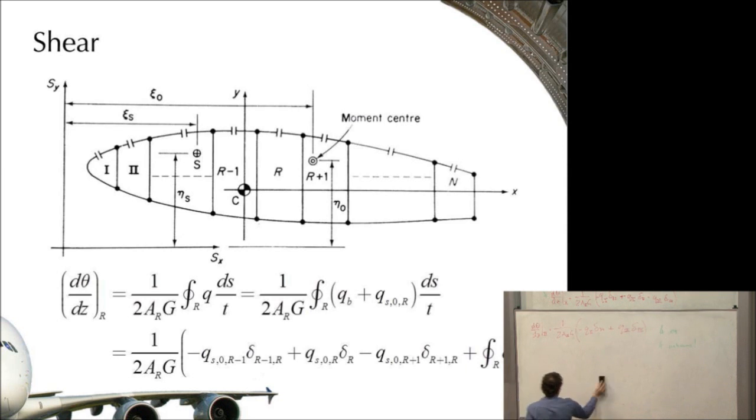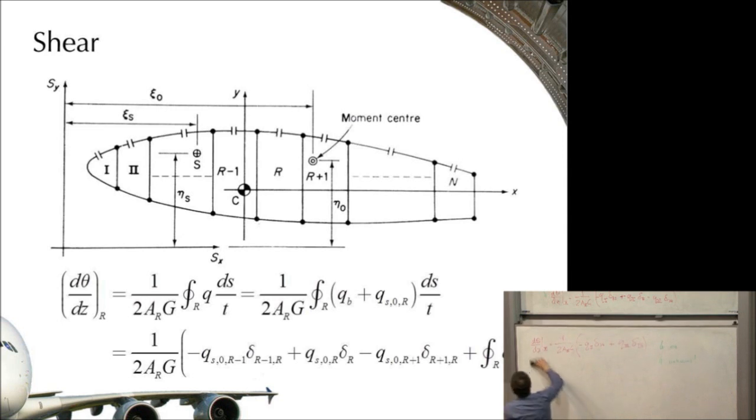We have to have open sections to do that. And what we have to do is take a section and go along and cut everywhere. 1 cut, 2 cuts, 3 cuts, 4 cuts, 5 cuts, 6 cuts, whatever, n cuts.